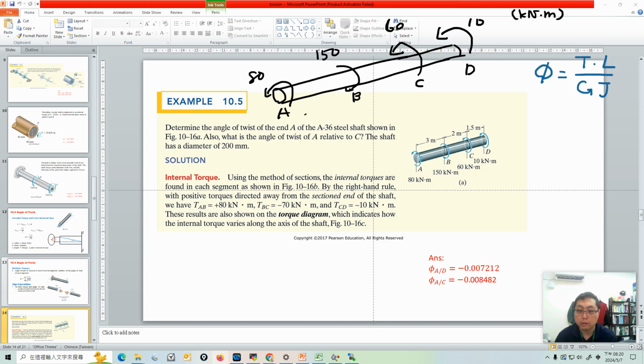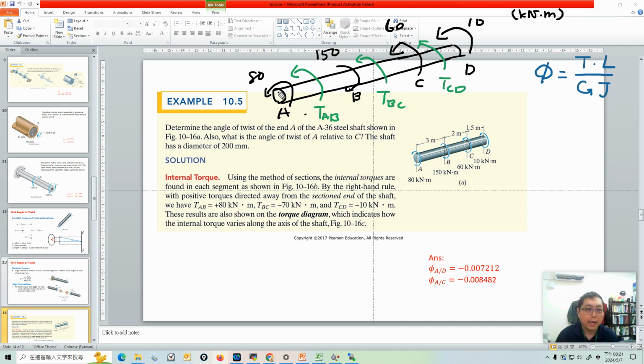In this problem there is a torque in the AB section, a torque in the BC section, and a torque in the CD section, and these three torques cause the angle of twist in the AB, BC, and CD sections. Right now I don't know the direction of these torques, so I just assume everything is counterclockwise, which means positive.